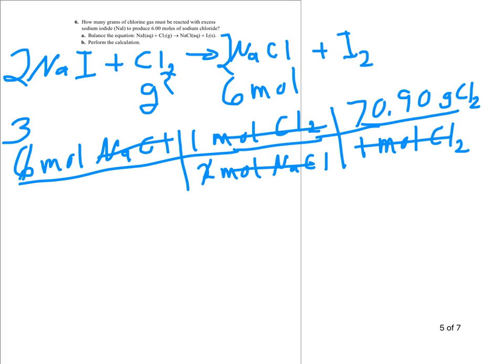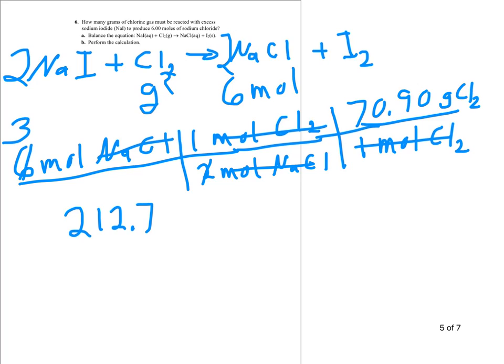Moles cancel moles. And that times 3, and we get 212.7.